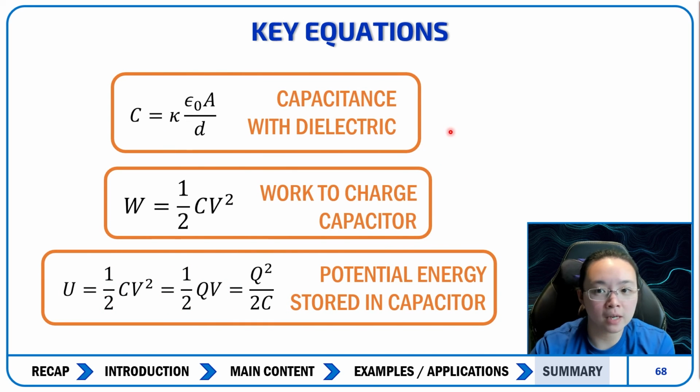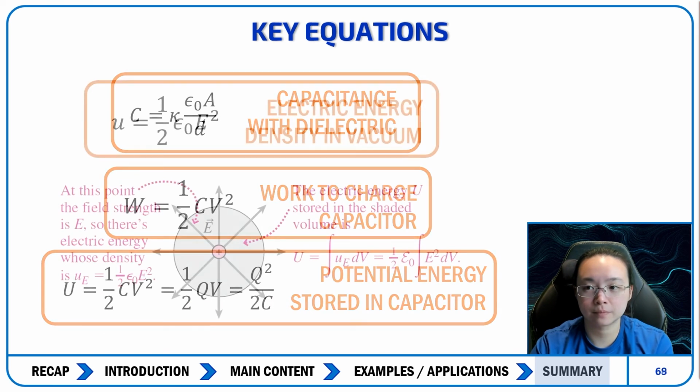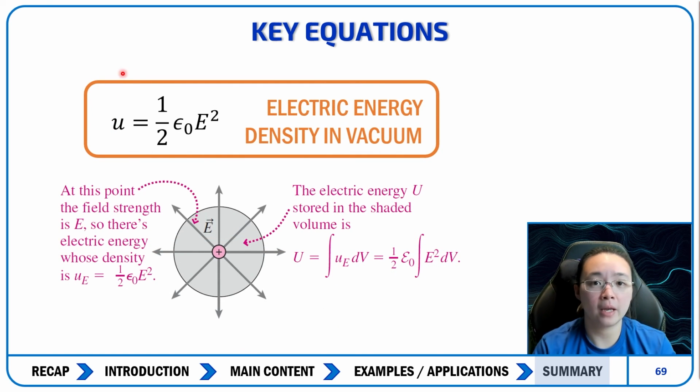When we introduce dielectrics, you have capacitance with a dielectric, kappa. We can calculate the work required to charge a capacitor, which is equivalent to the potential energy stored in a capacitor, which can be written in three different ways. And of course, this gets its own slide because the electric energy density in a vacuum applies to all different sorts of capacitor systems.